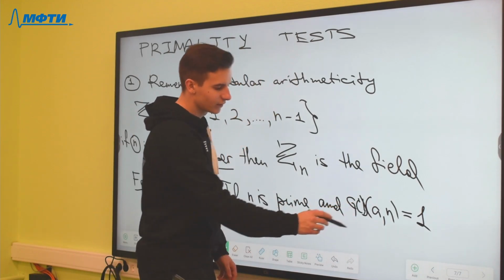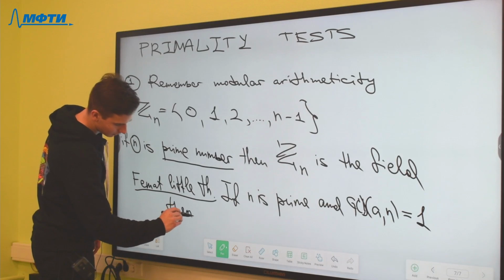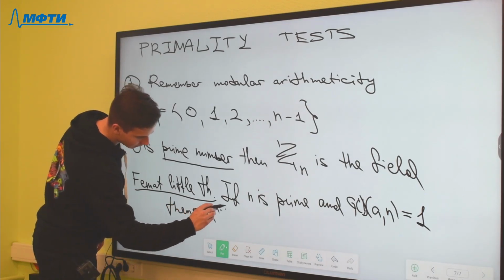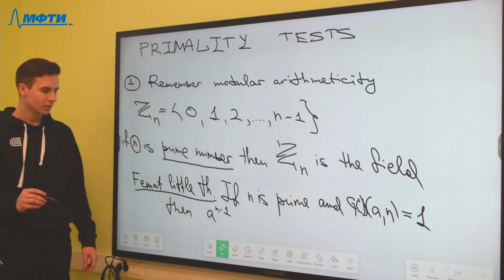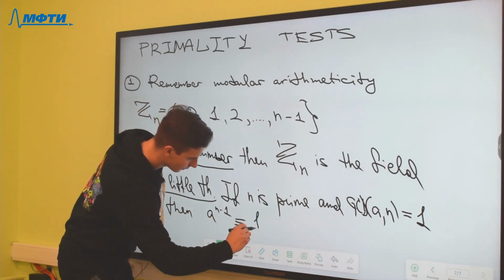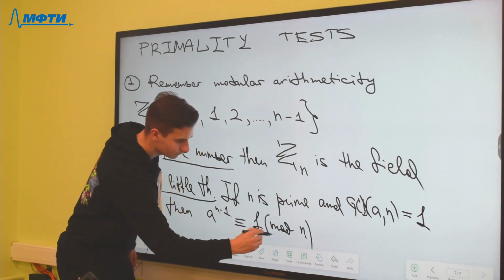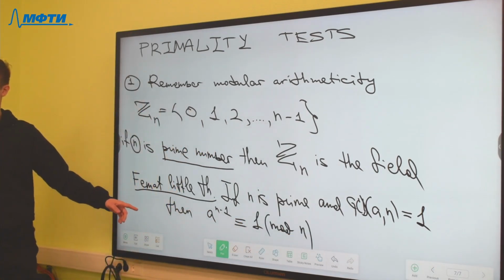And if it is equal to 1, then a to the power n minus 1 is equal to 1 mod n. You remember it, yeah?